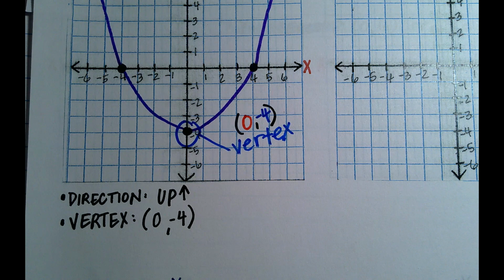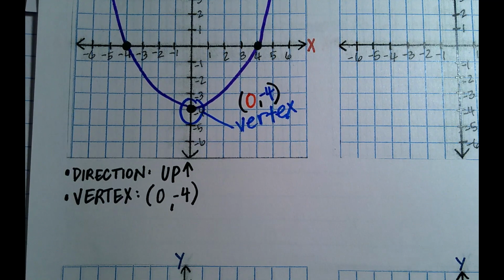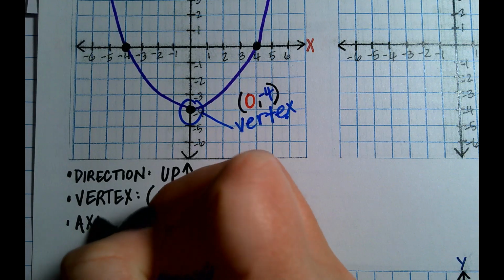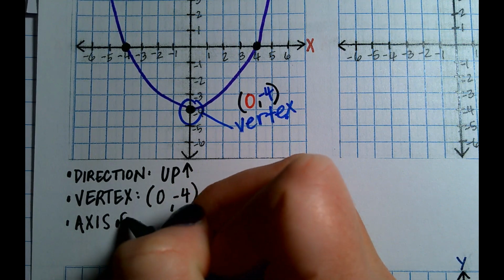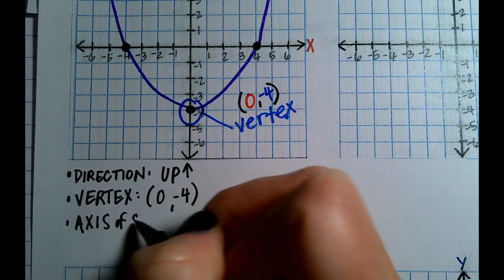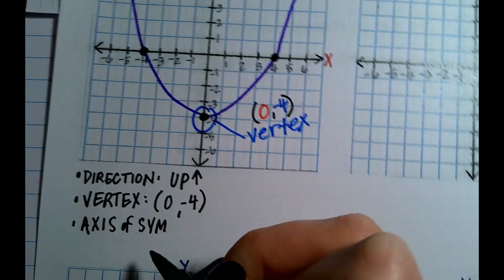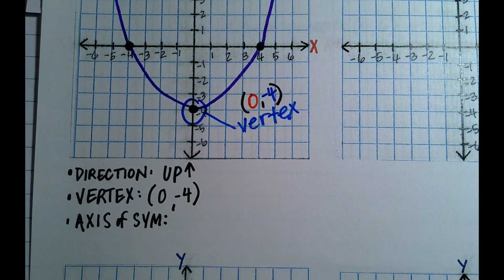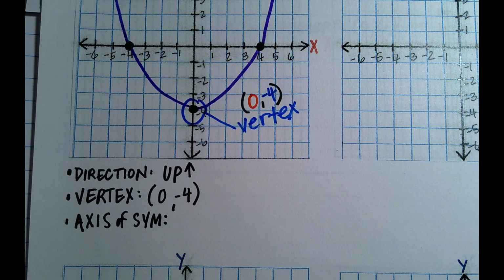The next thing, axis of symmetry, and I'm just going to write SYM to kind of abbreviate. Now the axis of symmetry, are we going to choose an x value or a y value? Look at the notes you just took.